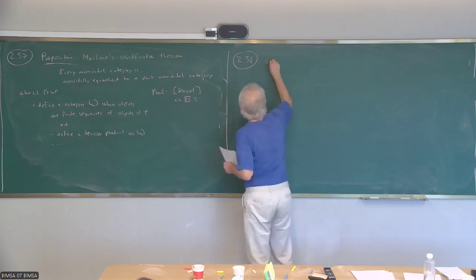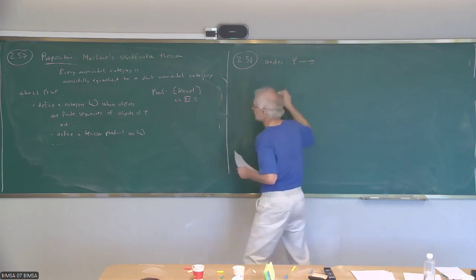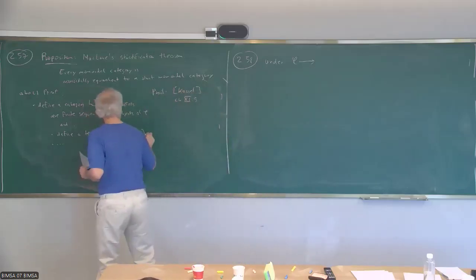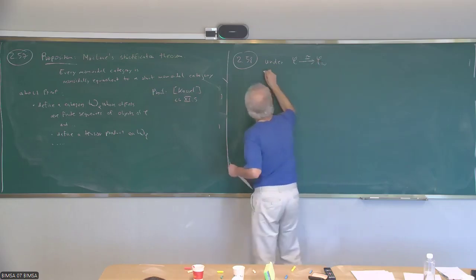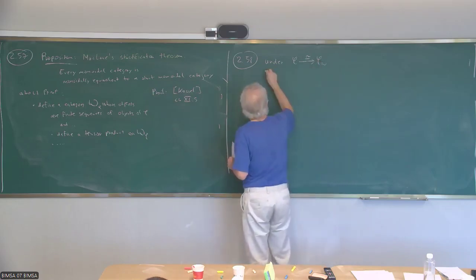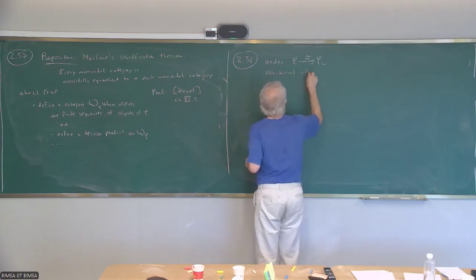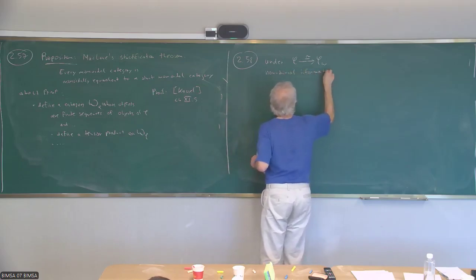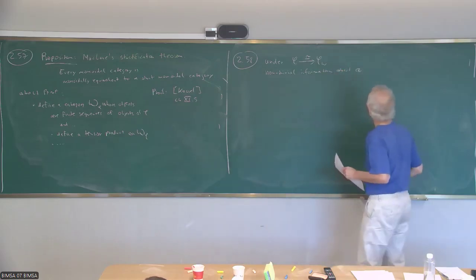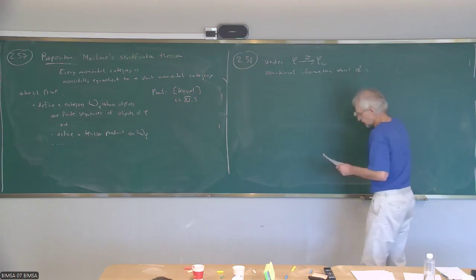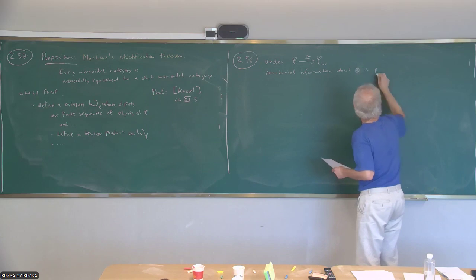So let me first write that under the equivalence from C, maybe I call this WC to make it clear that it comes from C, non-trivial information about the associator of C is preserved, or about the tensor product, maybe I should write it like that.